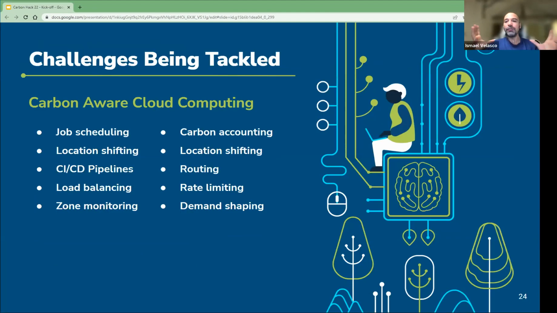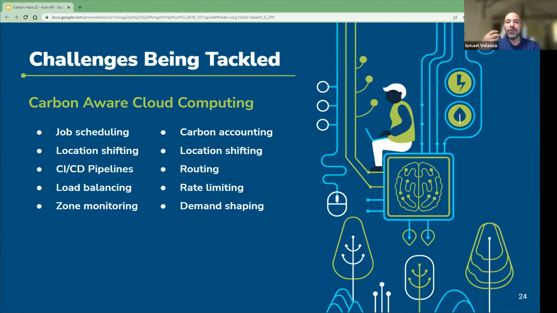So what are these projects tackling at the moment? One big area is carbon aware cloud computing. There are projects looking at carbon-aware job scheduling, location shifting of jobs, CI/CD pipelines, carbon-aware load balancing, and zone monitoring, so that you can check when a particular zone in Azure or GCP or AWS is green and another one isn't, for example.